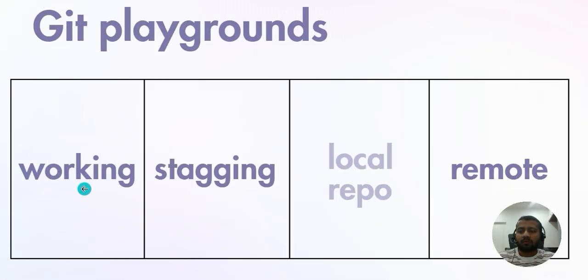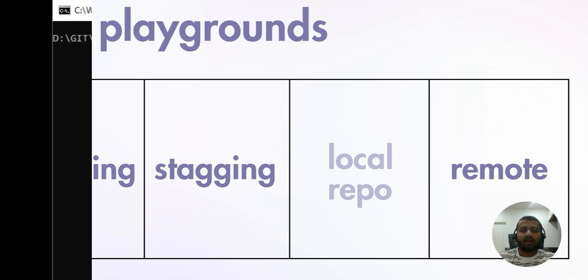We talked about the working area by git status, which shows the modified or edited files. Those files are pushed onto the staging area with the help of git add and the file name. In this staging area, now we need to commit that. Let me go back to the command line.